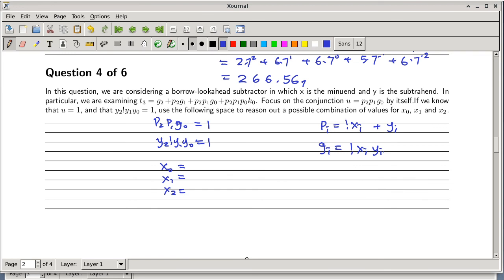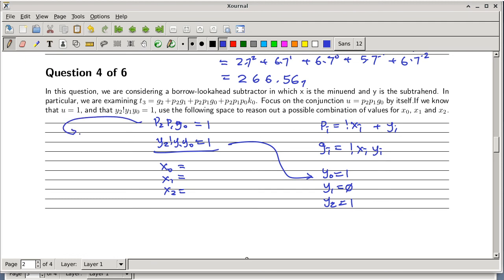Because for the y conjunction to be true, we know that y0 is a 1. Is that good so far? But on top, we also know that G0 is a 1, P1 is a 1, P2 is a 1, because their conjunction is a 1.